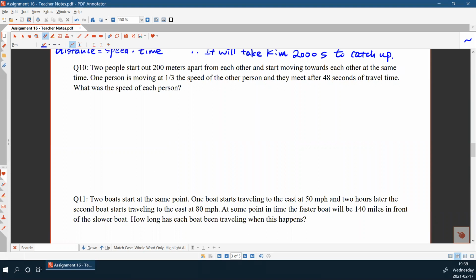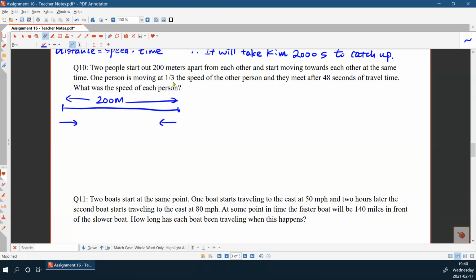Two people start out 200 meters apart from each other and start moving towards each other at the same time. So this time, they start out 200 meters apart. Okay, suppose this is 200 meters. And we have a person move this way and another person moves this way, right?